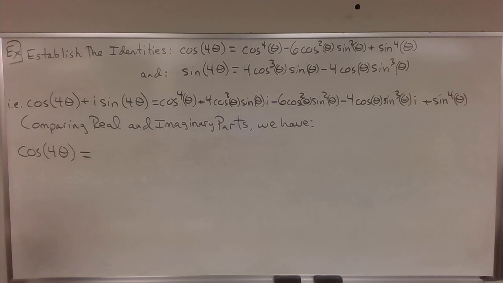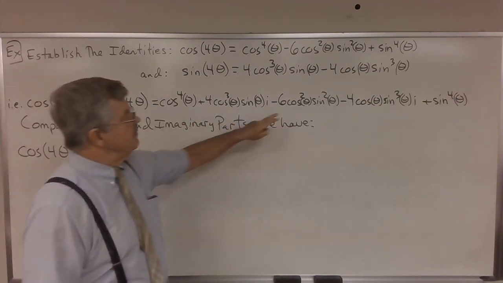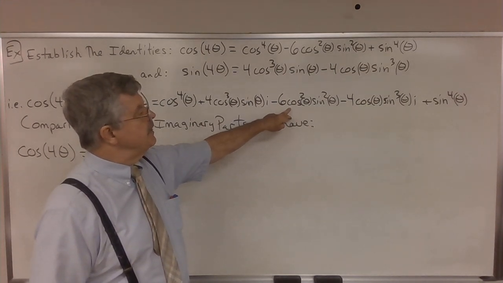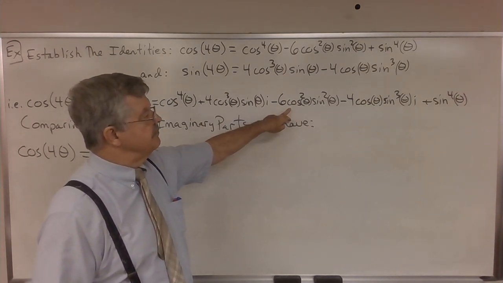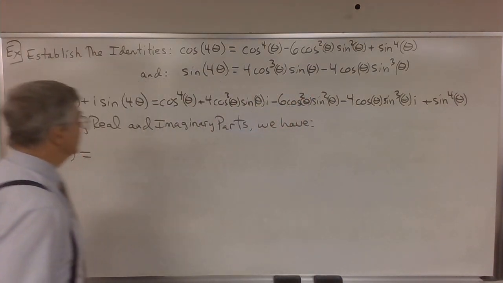And on the right, let's see, cosine to the 4th theta is real. Minus 6 cosine squared theta sine squared theta is real. And sine to the 4th theta is real. Okay.